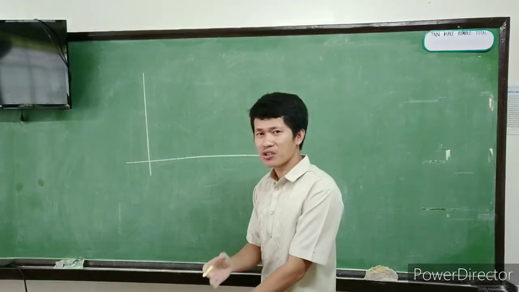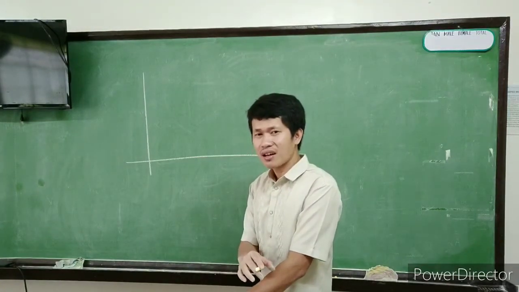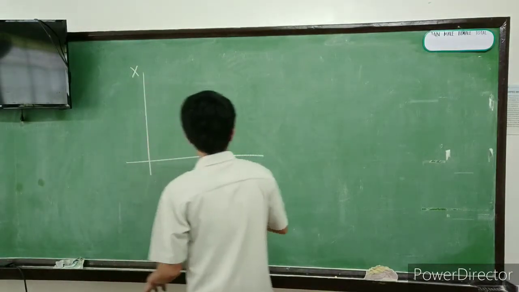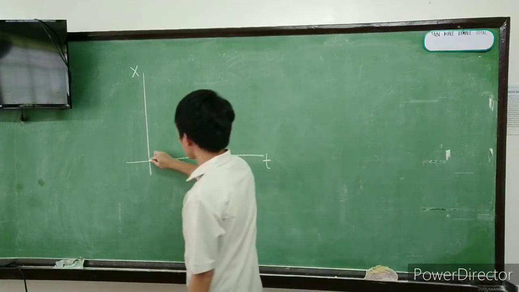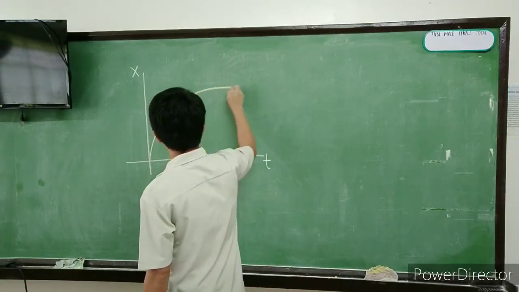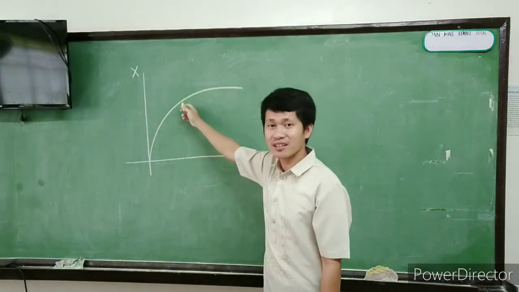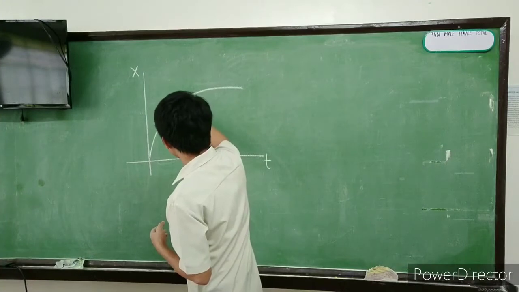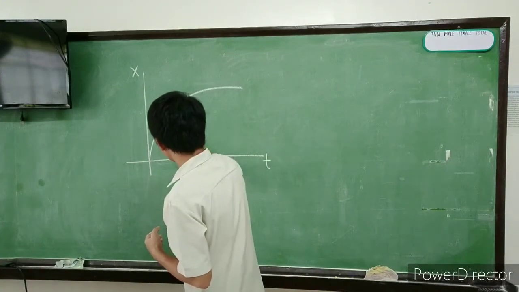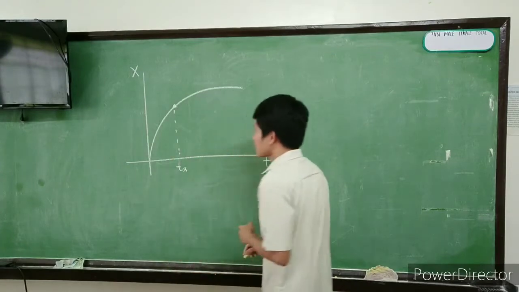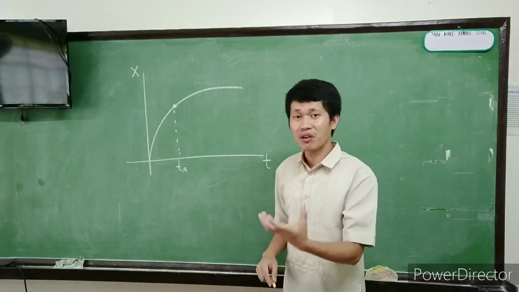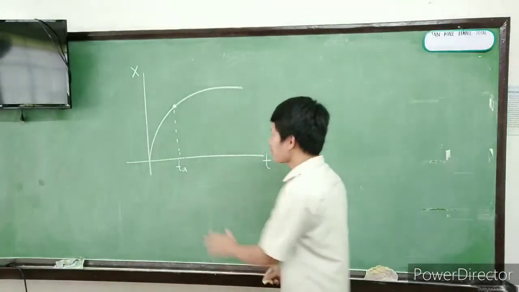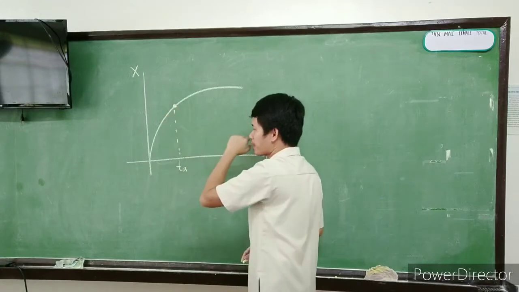Wherein the situation is that the train slows down all the time. Okay? So, ito yung x mo as a function of time. Nag-start siya ng sobrang bilis, then eventually, bumagal siya. Right? So, the question is this, at this particular point, t sub t, what will be the velocity? Okay? Changing yan, di ba? Changing yung velocity mo.